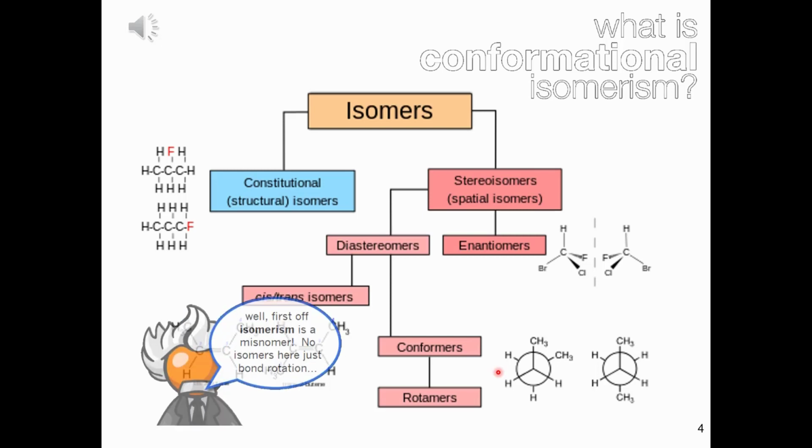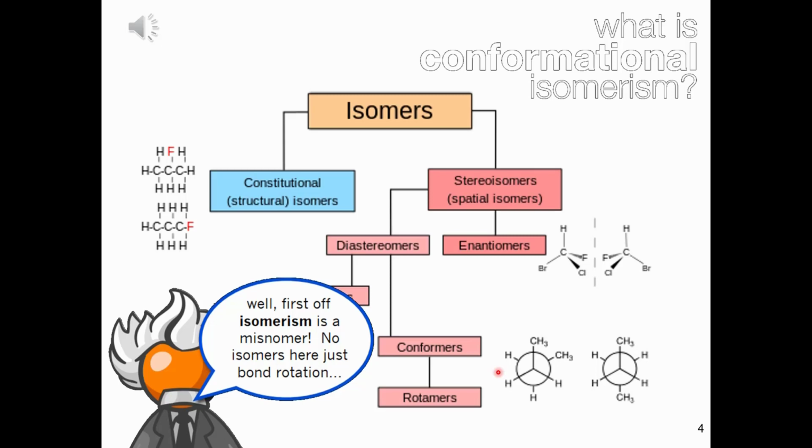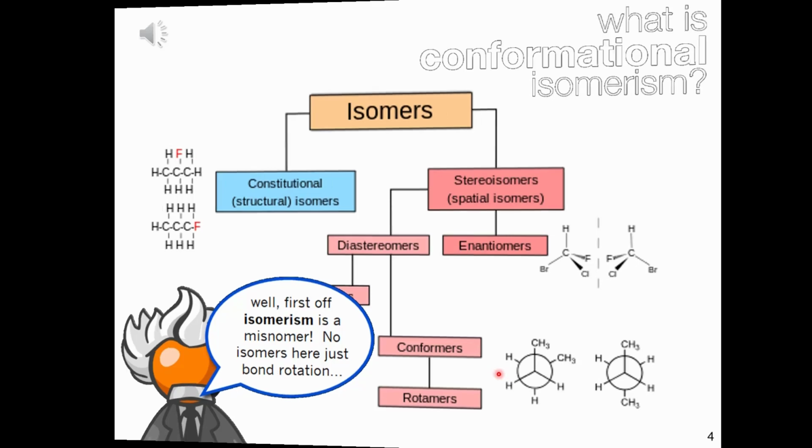So it's a little bit of a misnomer, but they have got energy differences. Once you start to cool these molecules down, they will adopt one conformation over another one.